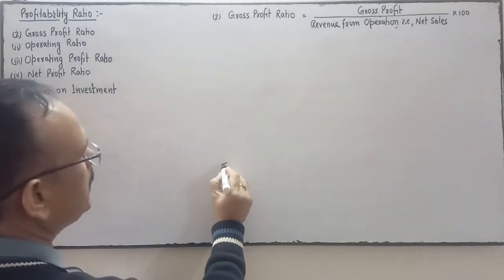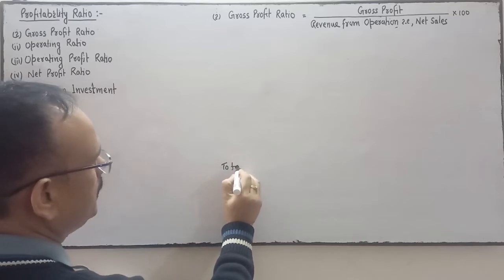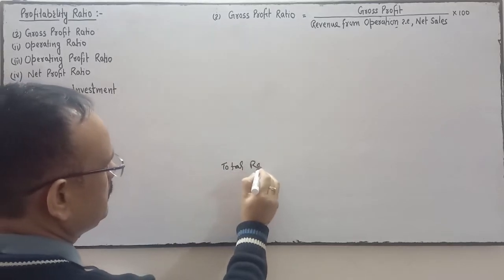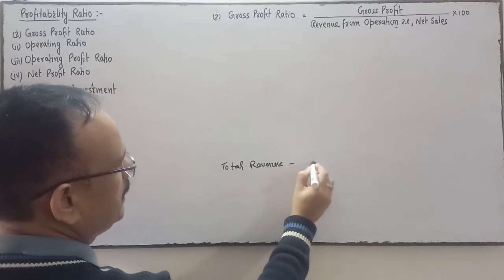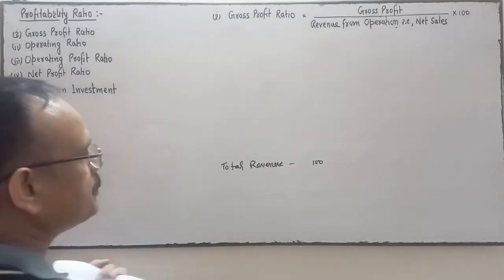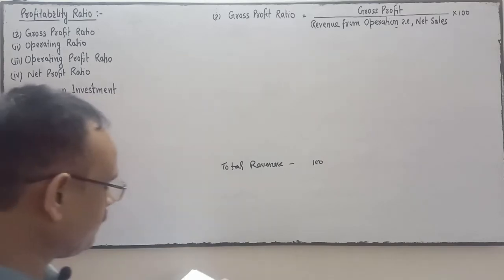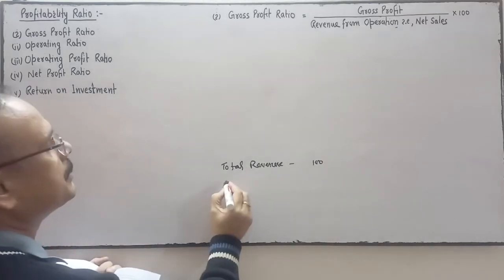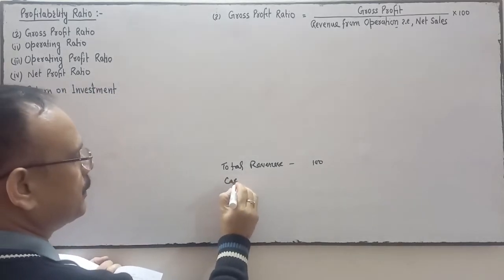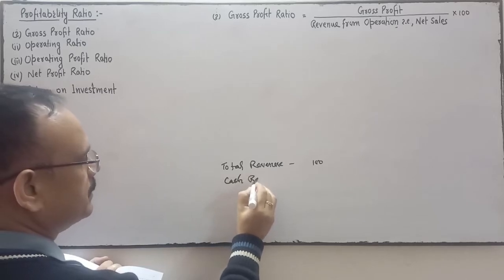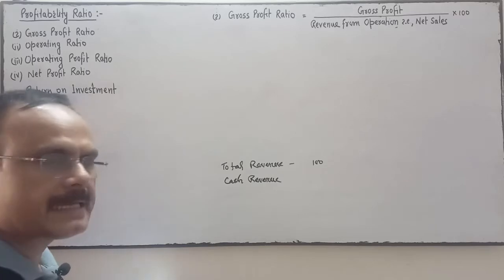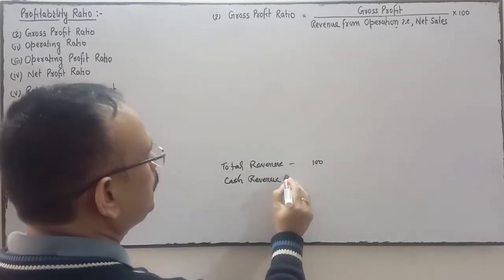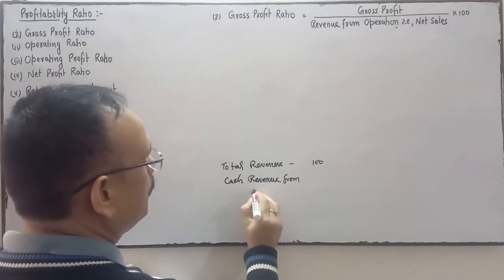Suppose total revenue is 100. Cash revenue is 25% of total revenue.